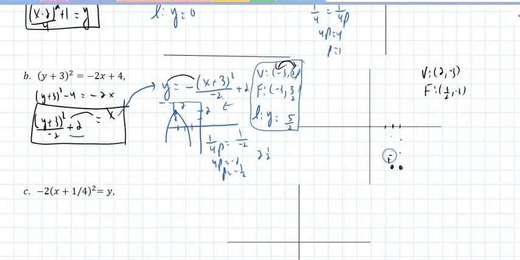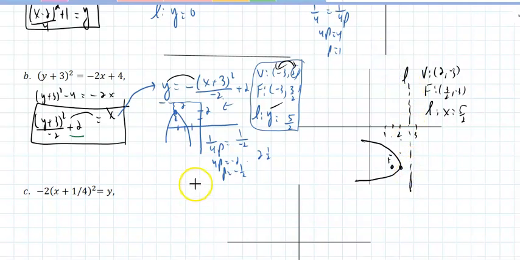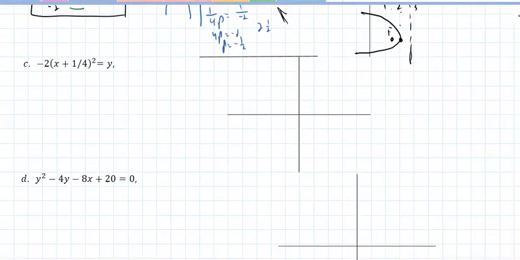The focus is right there. I know the parabola must include the focus in it. And the equation of the line, switch x with y, 5 halves, there's the line L. And I think that's worth it, even though we did all of that extra work, until you get the hang of this.